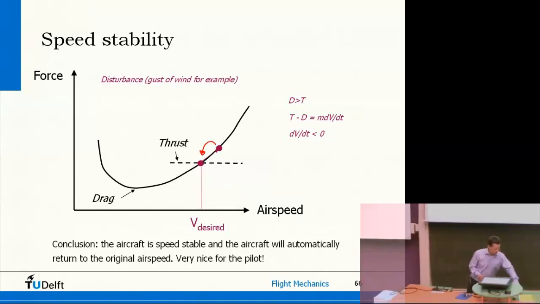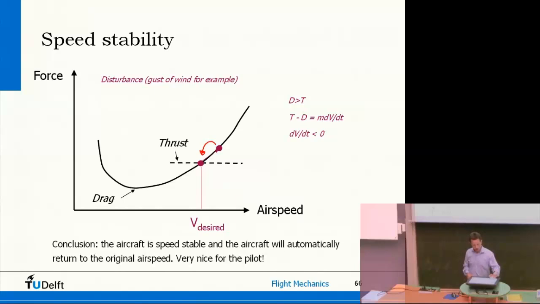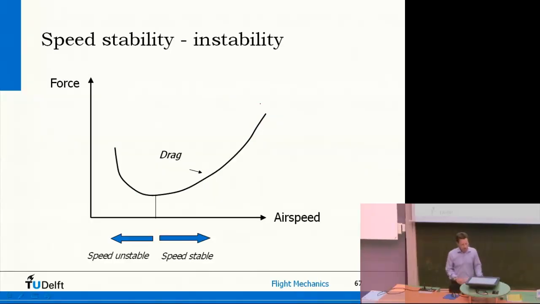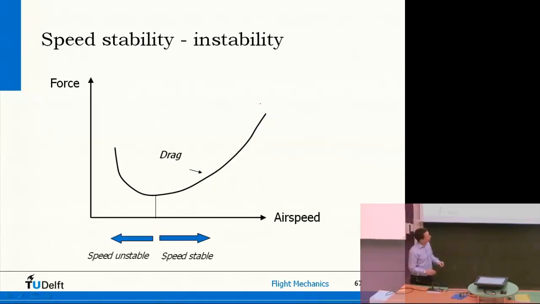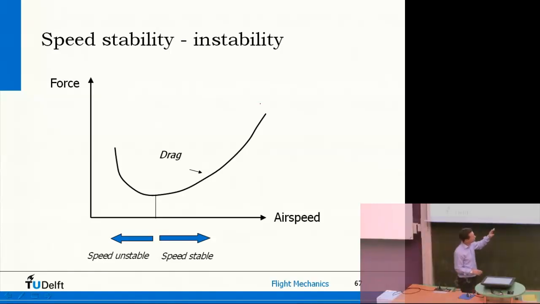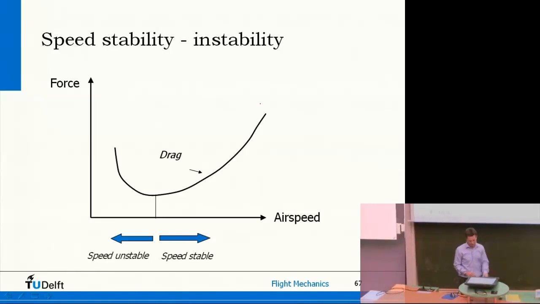And the reason is that in this portion of the diagram, drag reduces, and here it increases. So summarizing, you could say, okay, an aircraft is speed unstable on the left-hand side of the power or the drag curve, and it's stable on the other side.